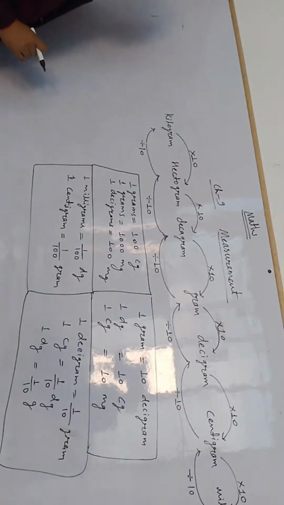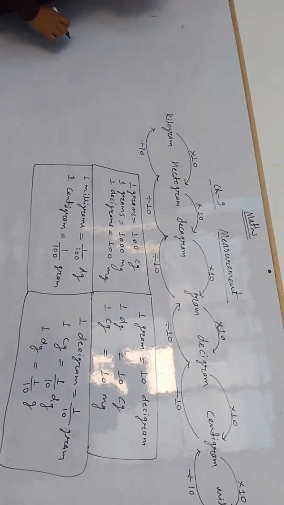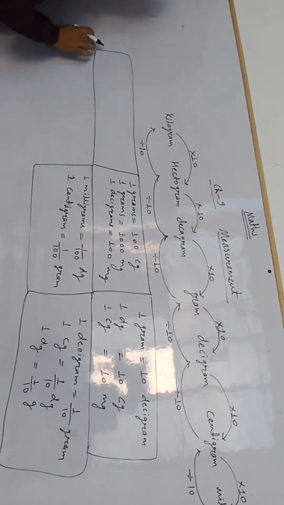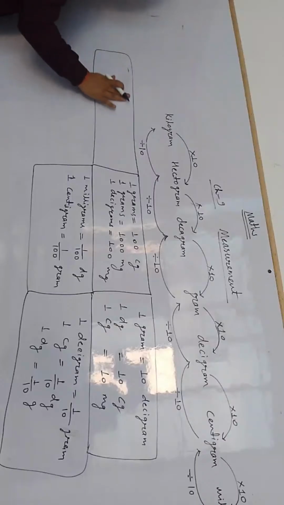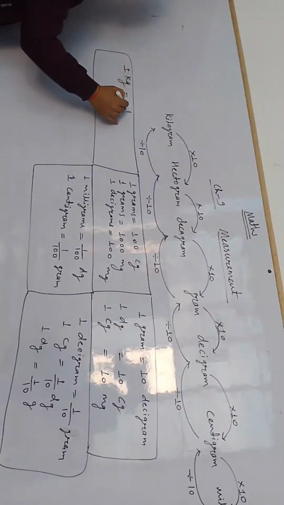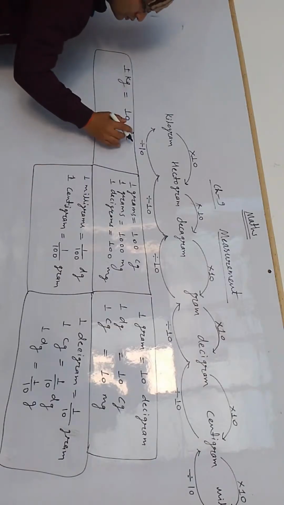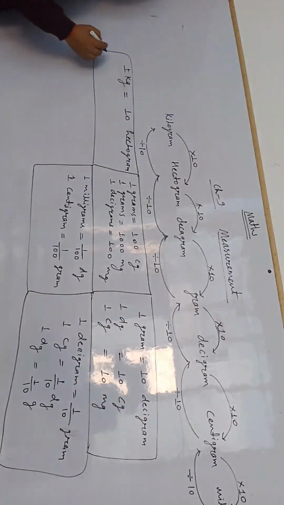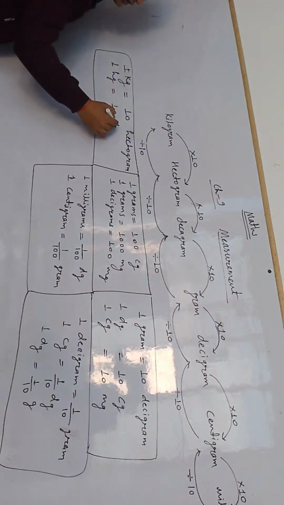Okay, my dear students, now we will move towards bigger units, and we will find out what it is. 1 kilogram is equal to 10 hectogram. 1 hectogram is equal to 10 decagram.